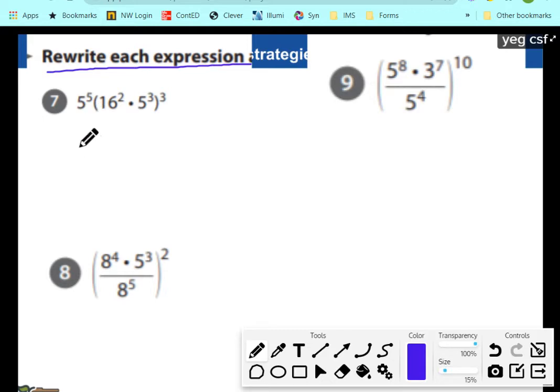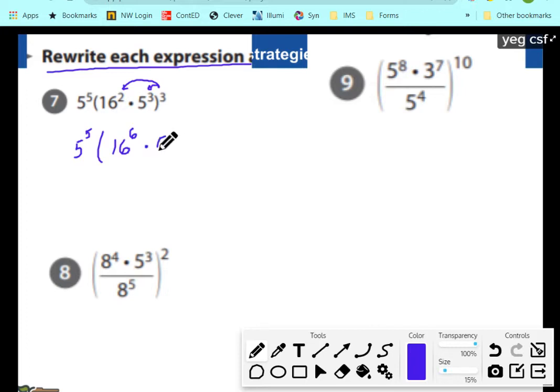So what I can write is 5 to the 5th exponent. And then I see these are different bases. I cannot add because these are different bases. What I can do is I can distribute this. So if I distribute that, that's going to be 16 to the 2 times 3, that's a 6.